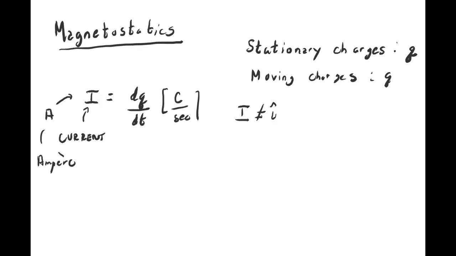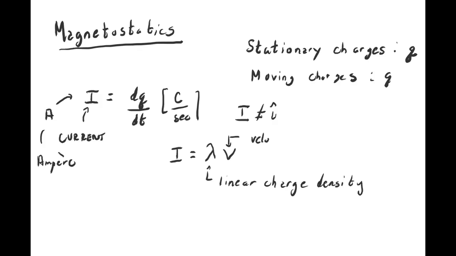So current also can be written as a linear charge density, lambda, times a velocity.